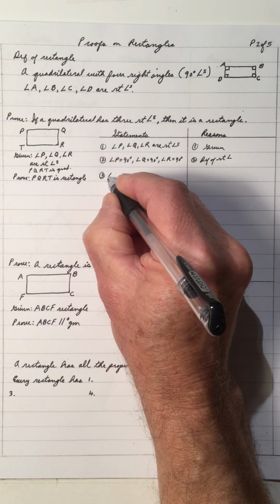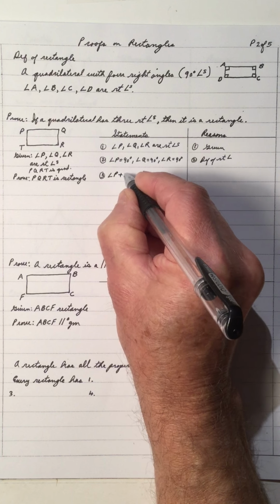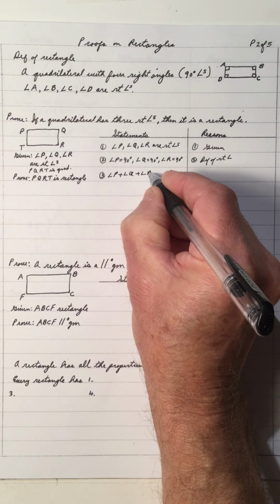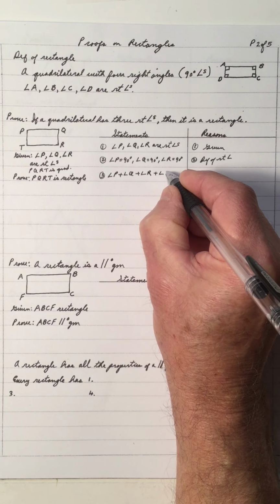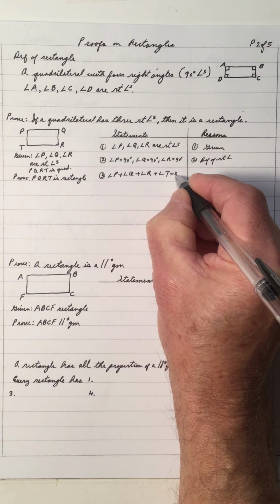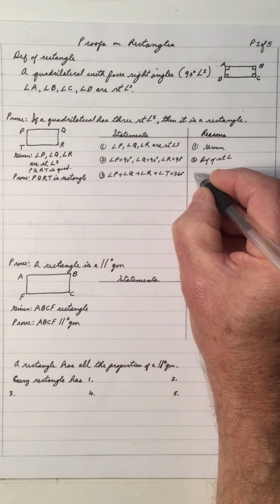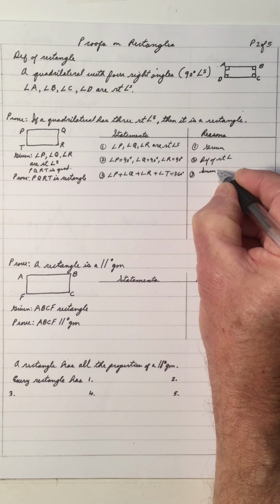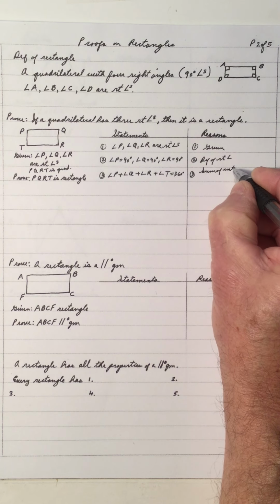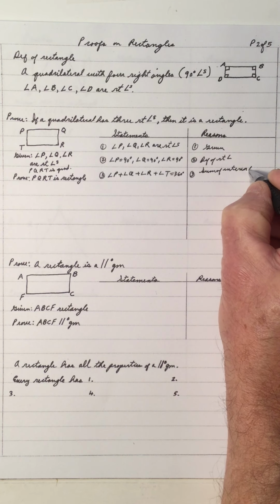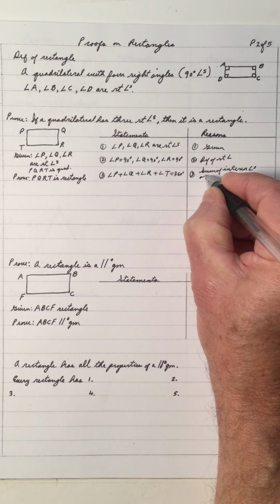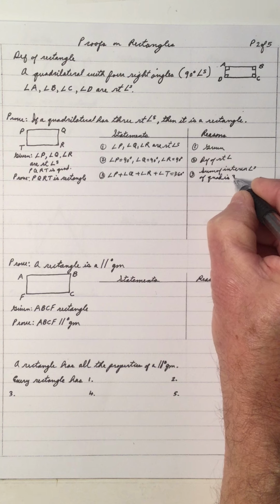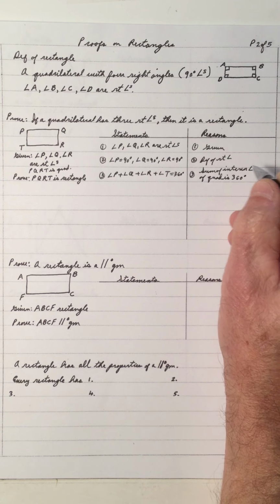So now we have to say that angle P plus angle Q plus angle R plus angle T is 360 degrees. And the reason: the sum of the interior angles of a quadrilateral is 360 degrees.